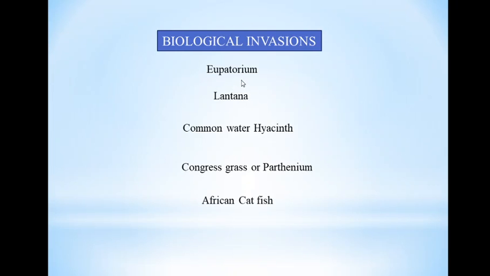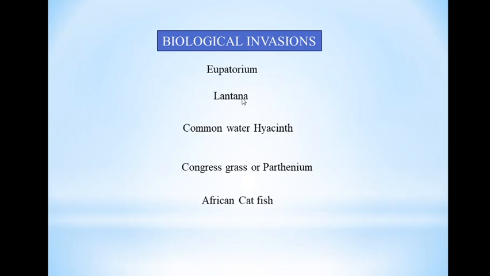During the rainy season it grows and flourishes, and during summer it dries up, and it will easily help to light the fire, leading to forest fire. That is the problem of eupatorium in India. And the forest department is spending lakhs together, crores together to eradicate this eupatorium, but it has become a menace.